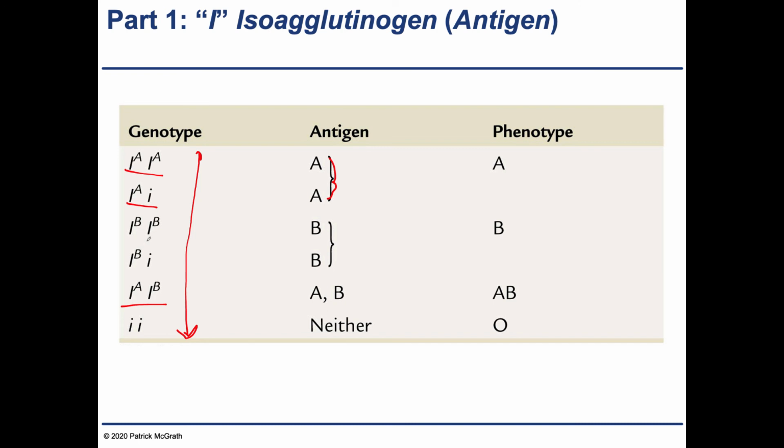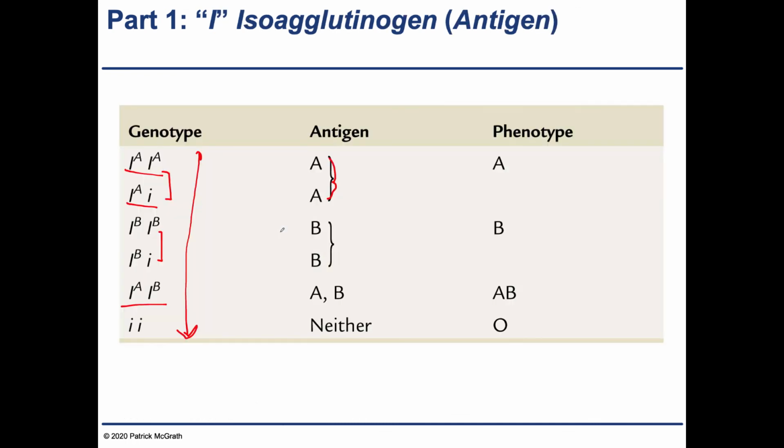As long as you have one copy of the A allele, you're able to produce the A antigen. As long as you have one copy of the B allele, you're able to produce the B antigen. Again, IB is dominant to little i, and IA is dominant to little i.